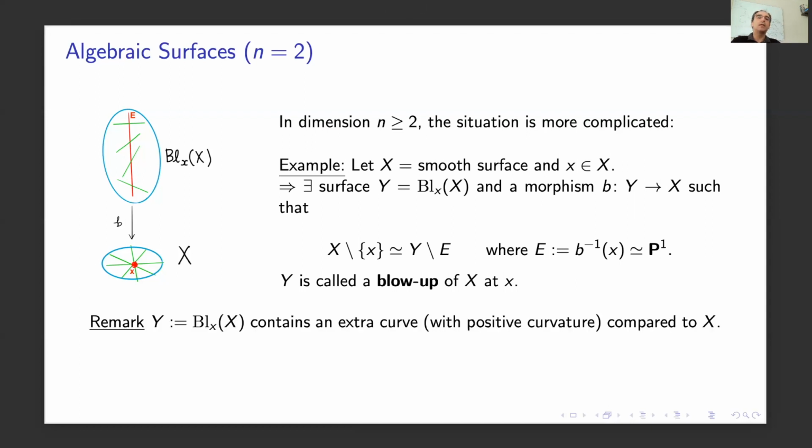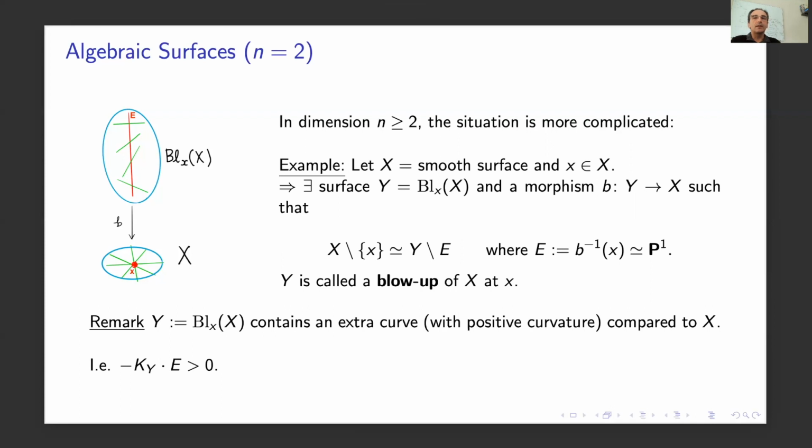Before we continue, let me give a remark. The surface Y, compared to the surface X, contains an extra curve. The extra curve is P1, and this curve has positive curvature, as we saw before. So in a way, and this is very vague, to compare Y and X, Y contains one extra curve of positive curvature compared to X. Of course, this is not very precise, but it's just to give an idea of how Y and X are related.